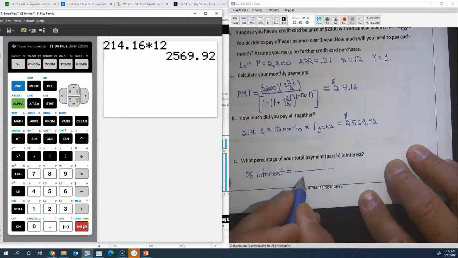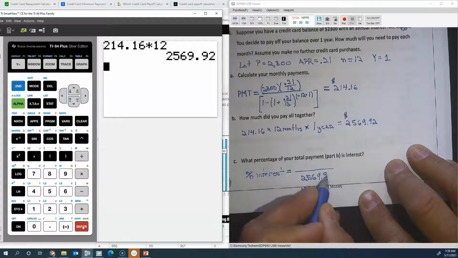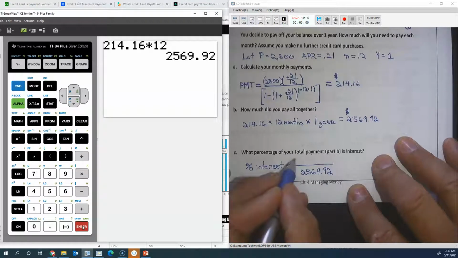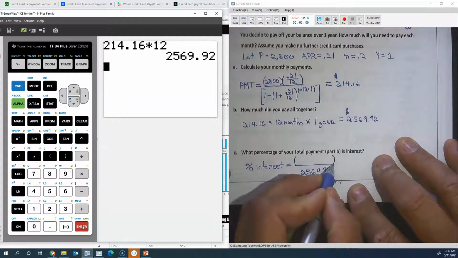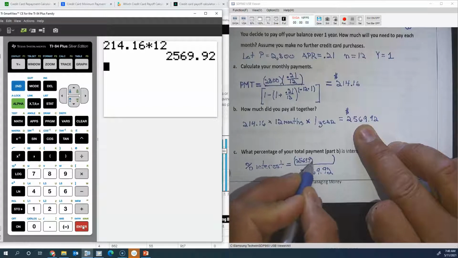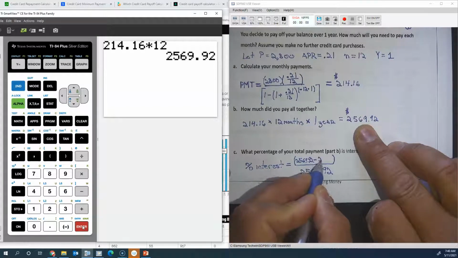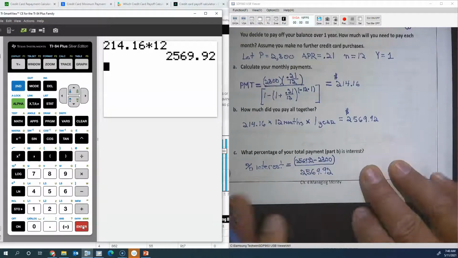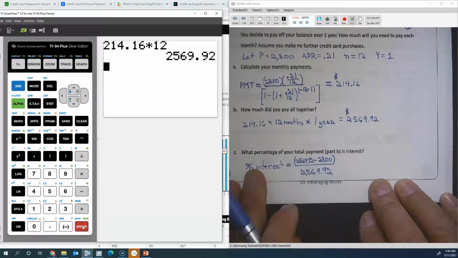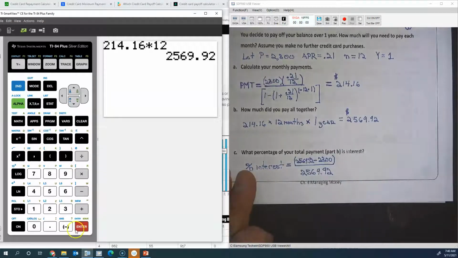So your total payment goes on the bottom, and how much interest you paid goes on top. To get your interest, you take what you paid and subtract what you owed, which is $2,300. That tells you how much of this payment was interest. So 269.92 over 2,569.92.